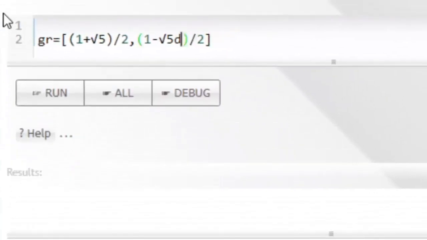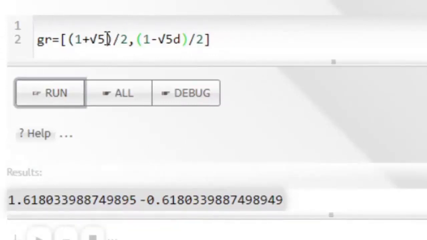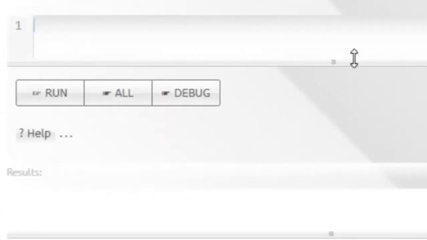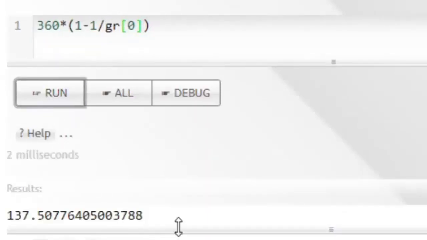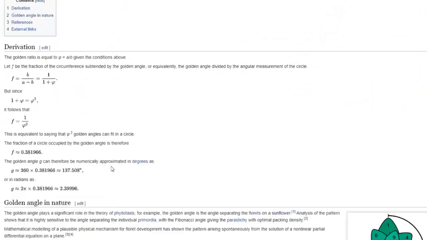So let's just assign these two expressions in the normal numeric computation, 1 plus square root of 5 by 2 to the golden ratio, and hence the golden ratio is the first element in here. So let's take that and take this ratio of 360 multiplied by 1 minus 1 divided by this. So that gives you 137.50764, and that's the golden angle that you're seeing here.